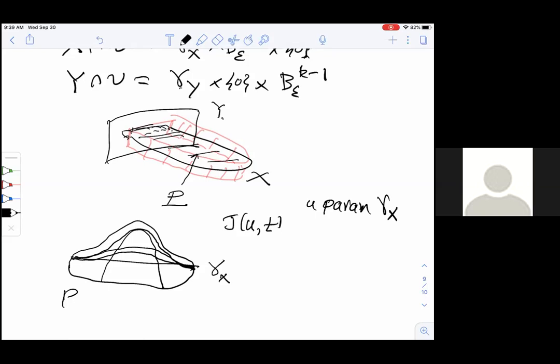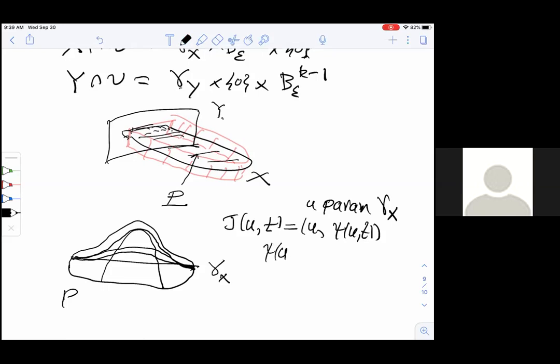So J of U will be of the form U comma psi of U and T. In other words, these are all going to be graphs of functions of gamma x into the y direction, with the following properties for psi.